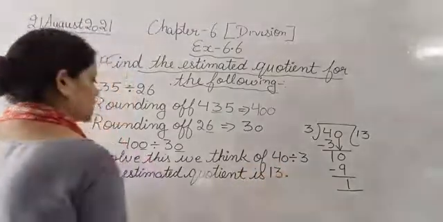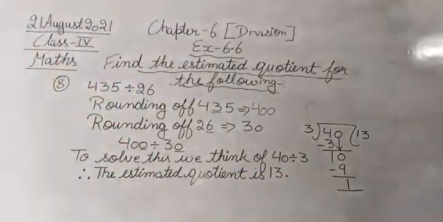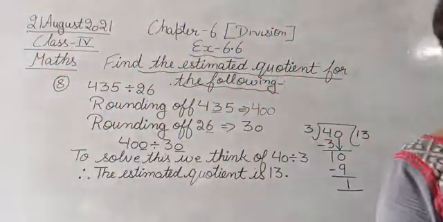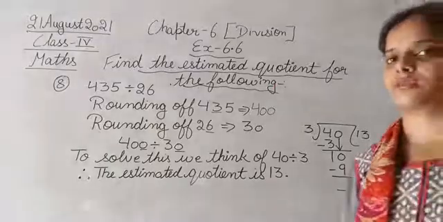Therefore, the estimated quotient is 13. So this is the solution of question number 8. You can pause your videos here and note it down in your notebooks.